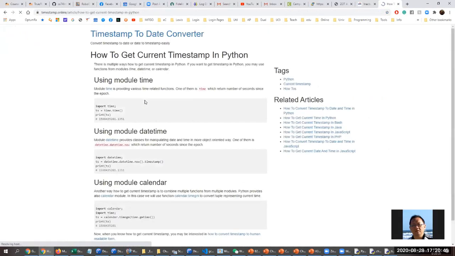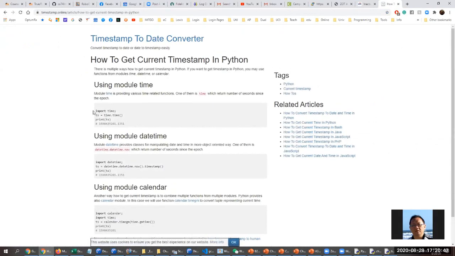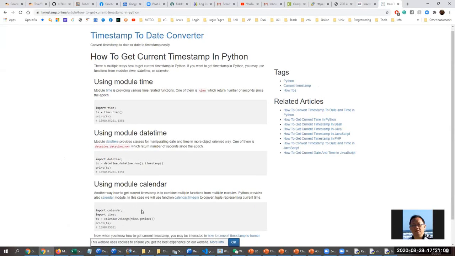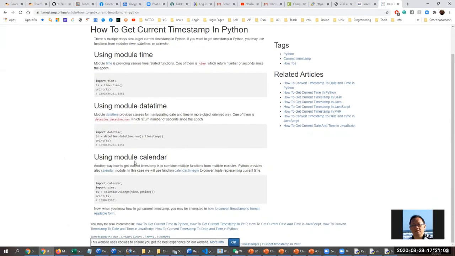Current timestamp in Python is actually time. Okay, time. Let me see. Time module, okay. Since epoch time, okay, good.